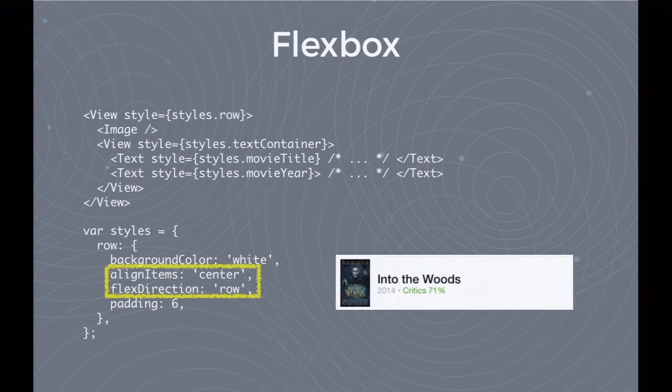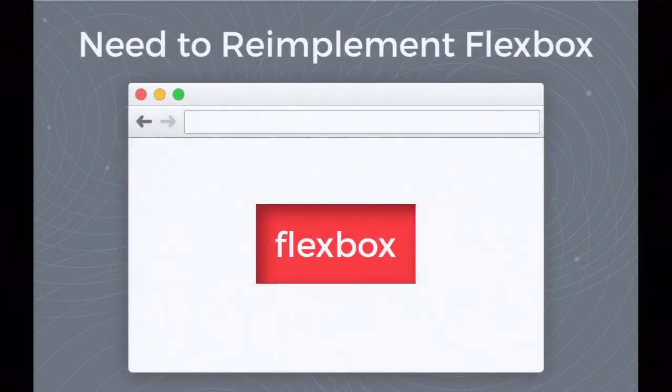I'm a big fan of Flexbox, but if you think about it, React Native is a JavaScript engine and all the native components. And nowhere in there is Flexbox. Because when you're on the web, Flexbox is implemented inside of the browser. And we don't have a browser. We don't have a web view.